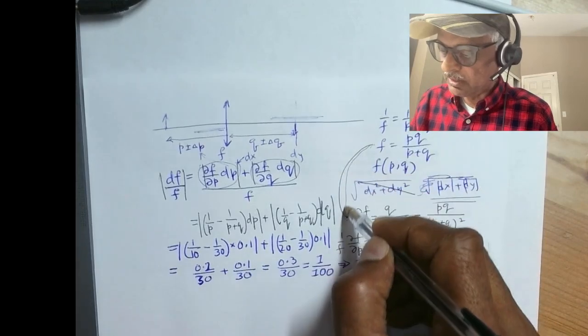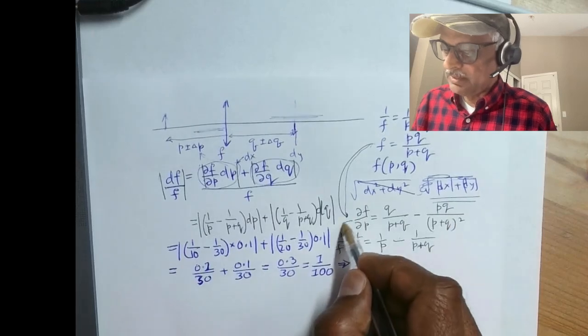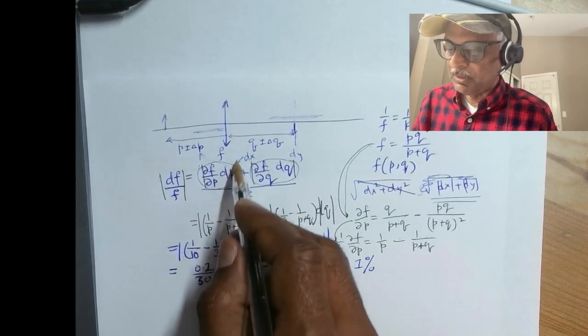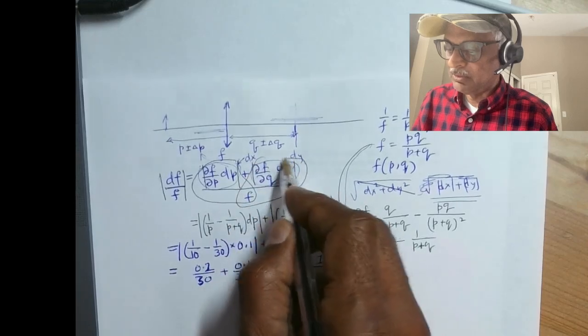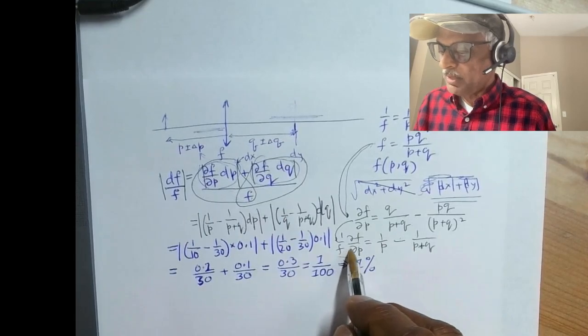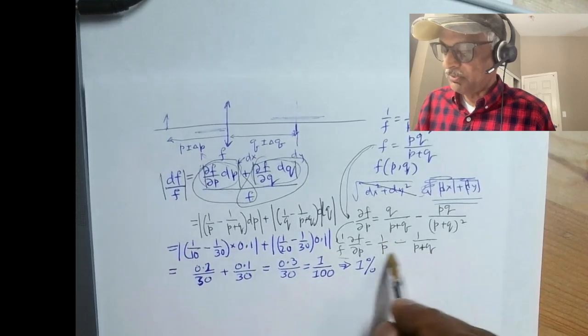First I took a derivative, and then I combined these: this f goes with this and this f goes with this, so it simplifies further.